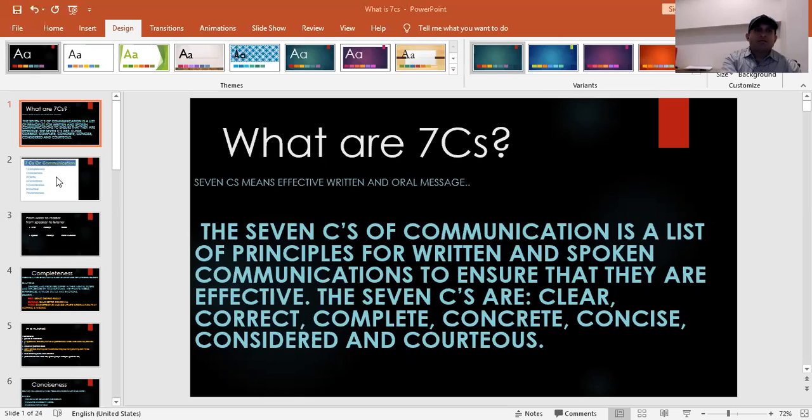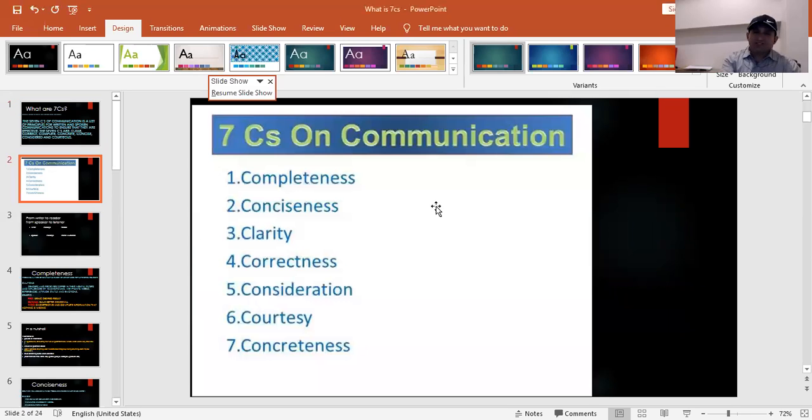So the question in our mind is, what are the 7 Cs? The 7 Cs all start with the letter C: completeness, conciseness, clarity, correctness, consideration, courtesy, and concreteness.